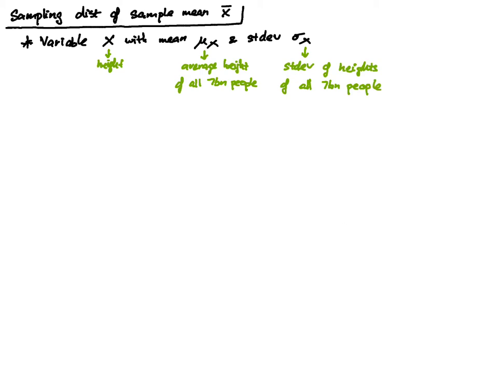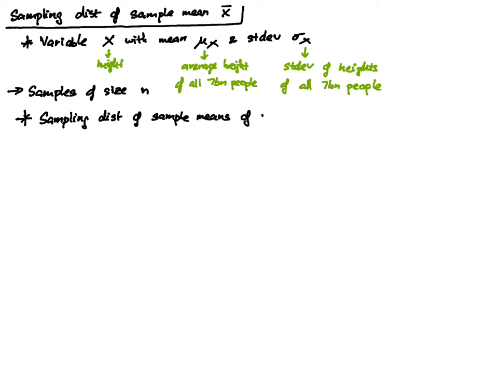Suppose that from this population of x, we take samples of size n. Right? So what we want to do now is study the sampling distribution of sample means of size n.